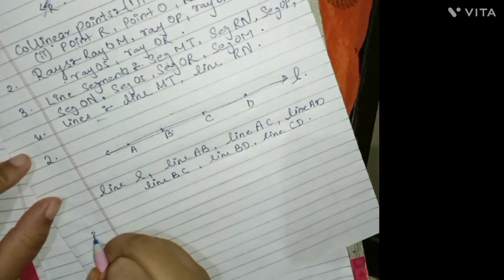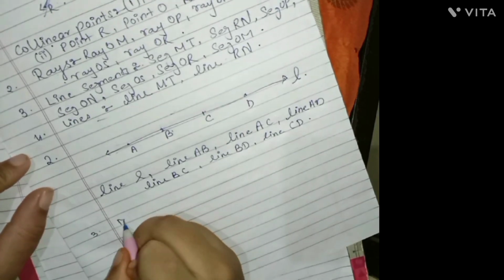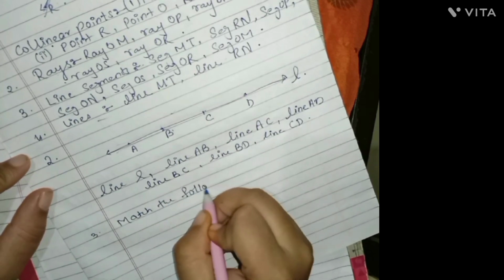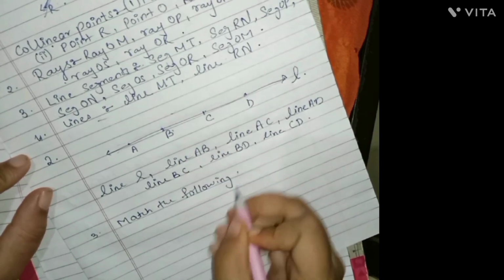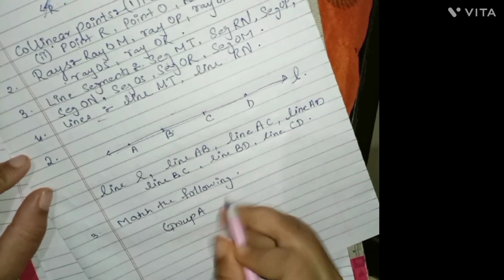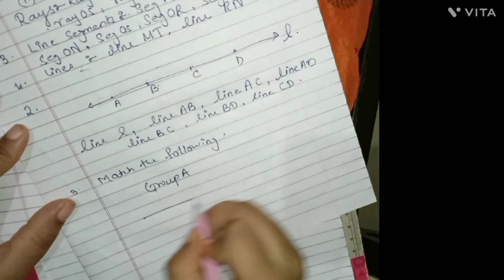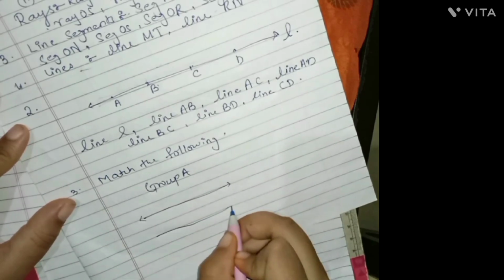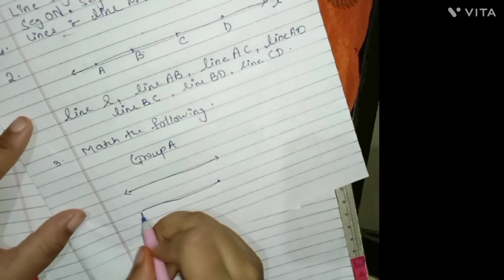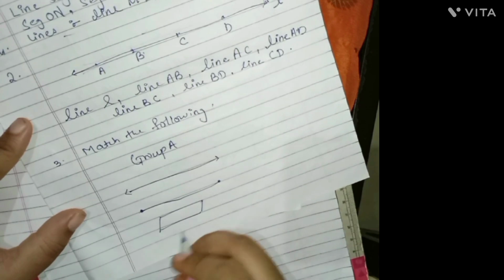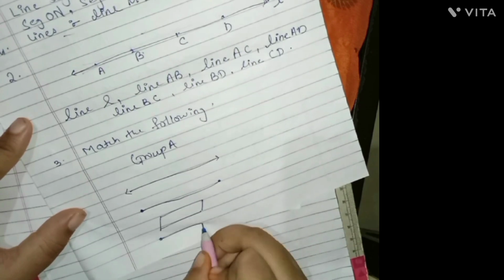After this, the third question is match the column. It's very simple for you. Match the following. In the first column, group A, the first one is what? Look here, what is the figure? This is a line. Very good. And this is a line segment, this is a plane, and this is a ray.